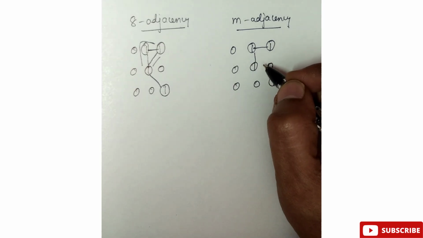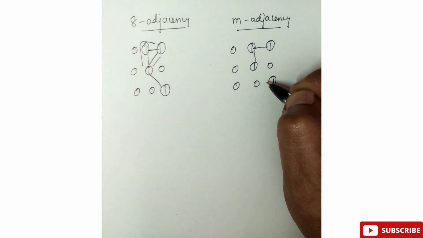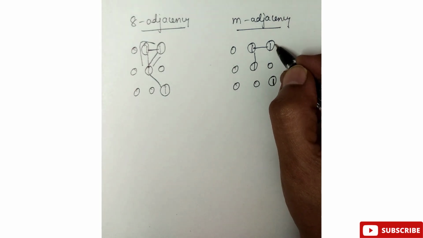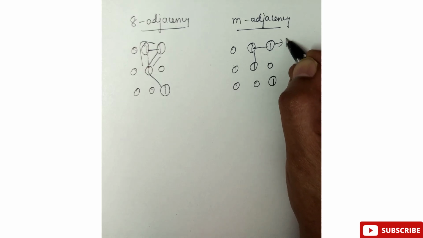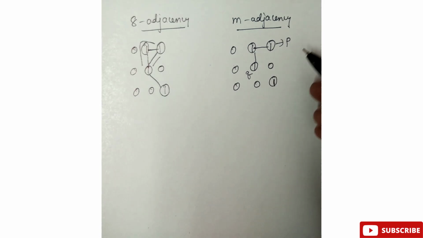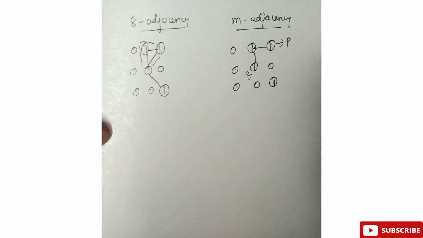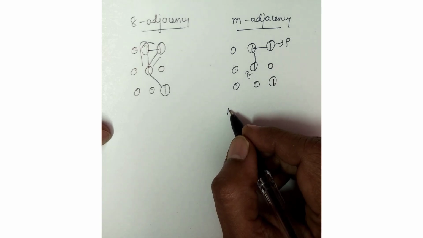But now we'll check this diagonal connection and also this diagonal connection. So now take this as your P and take this as your Q. See, M adjacency is mainly to verify the diagonal connections, remember. Then I'll see what is the second condition in M adjacency.